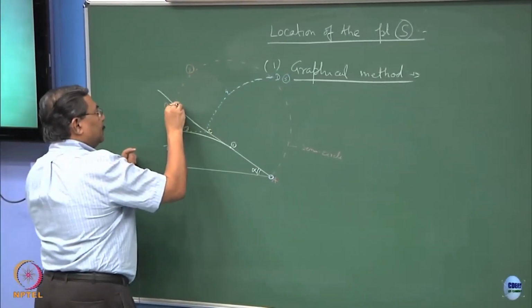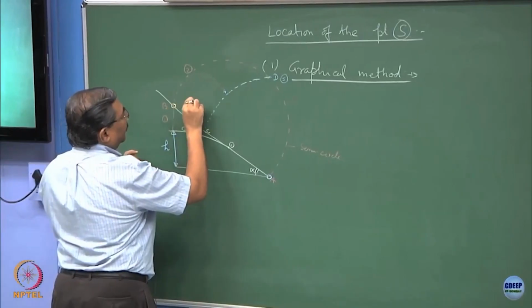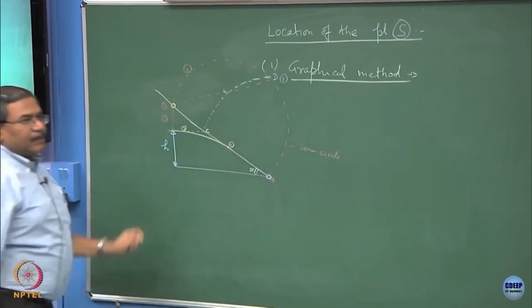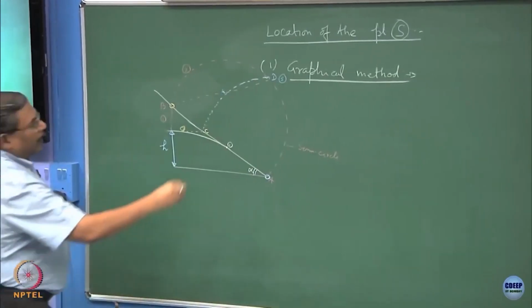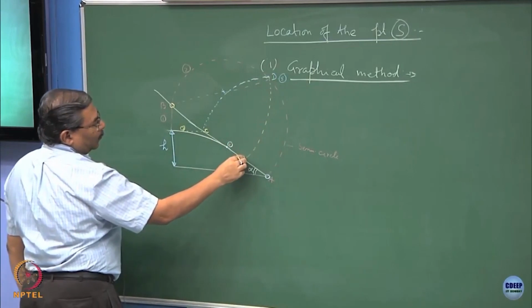Keeping center as B and taking BD as the radius, draw another arc, let it cut over here.